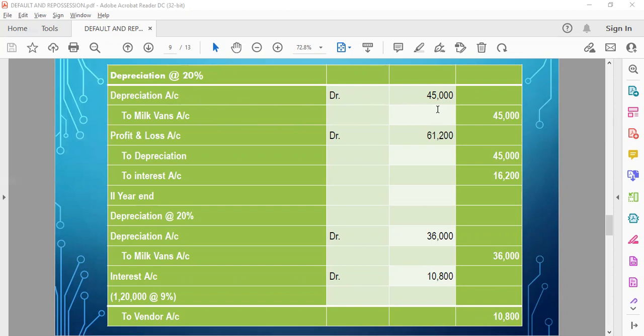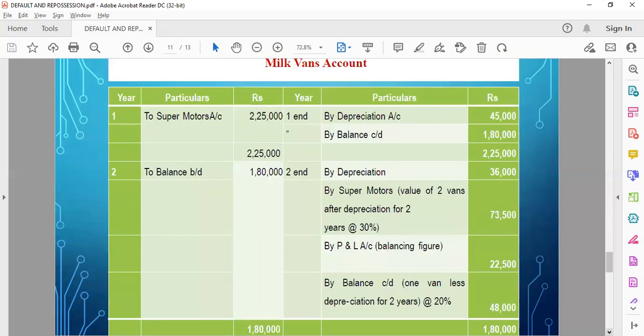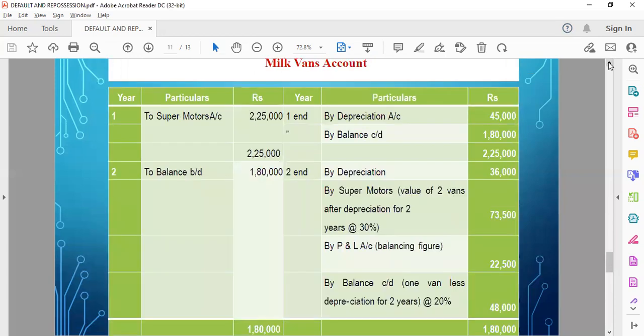Then we should calculate the profit or loss. We should calculate whether it is profit or loss. Here I have given some of the calculation about it, the Super Motors Limited as well as the milk vans account.